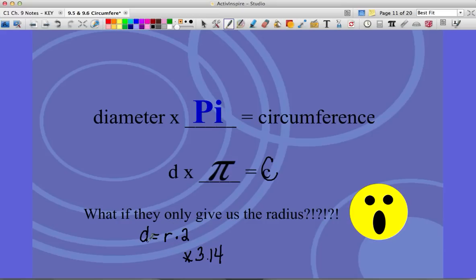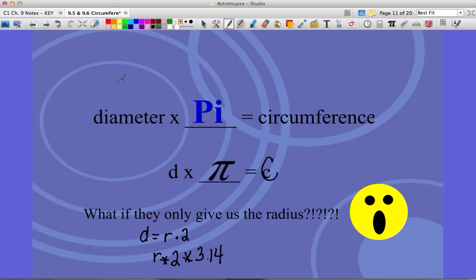But instead of putting in d, I'm going to put in the radius times 2. So if they give us the radius, the formula is radius times 2 times 3.14. These are your two different formulas.